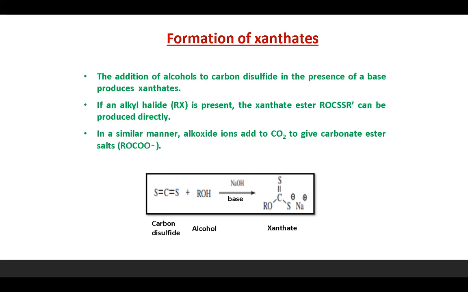In a similar manner, alkoxide ions add to CO2 to give carbonate ester salts. As shown here, when alcohol reacts with carbon disulfide in the presence of a base, like NaOH, it results in the formation of xanthate.